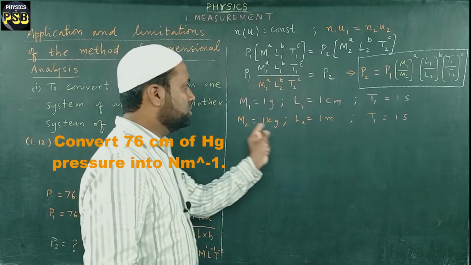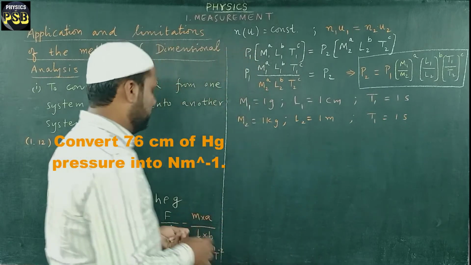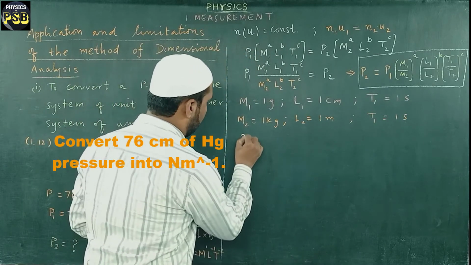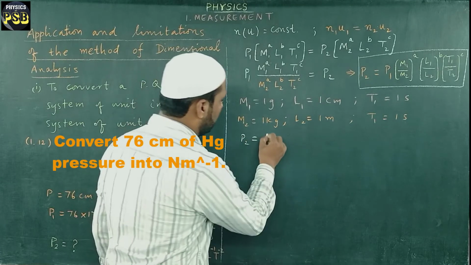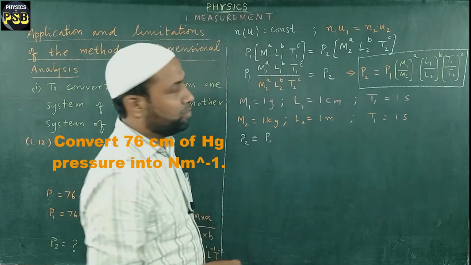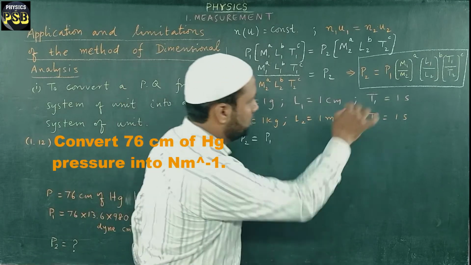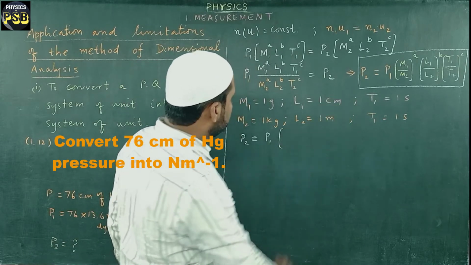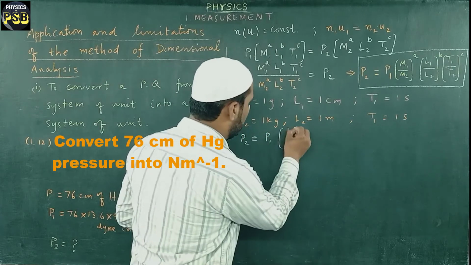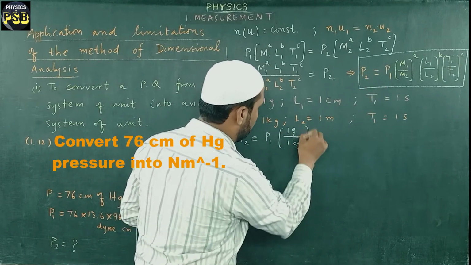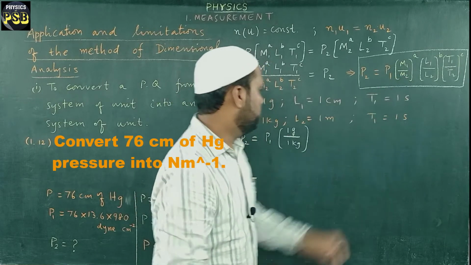Now I am going to substitute these values in the above equation. So what will I get? P2 equals P1, and we know the value of P1. Now M1 is 1 gram divided by 1 kg, which is the value of M2.